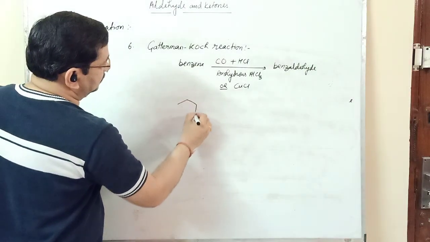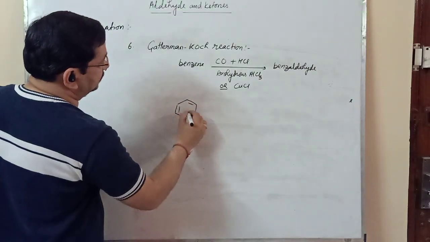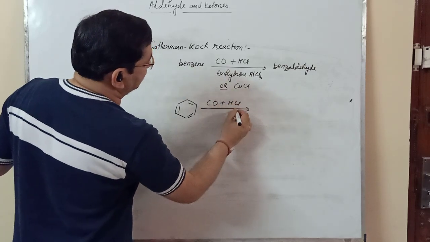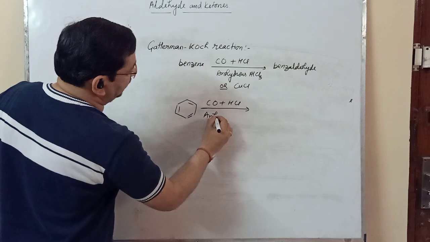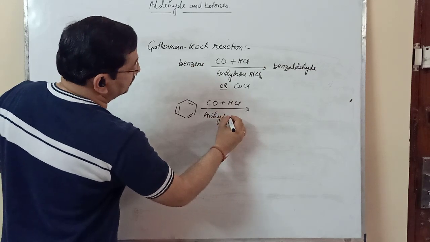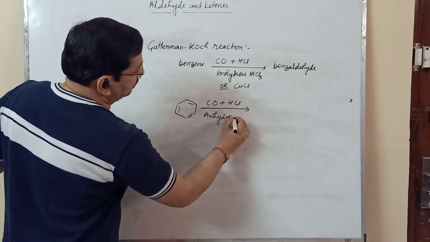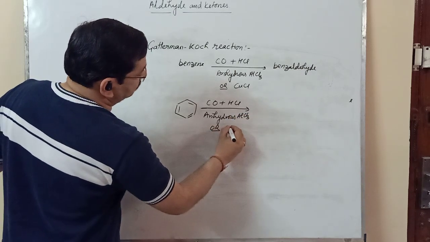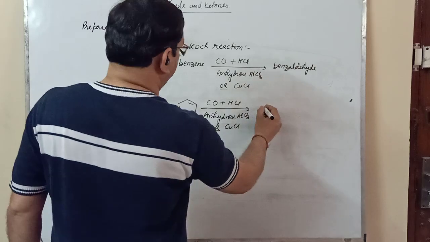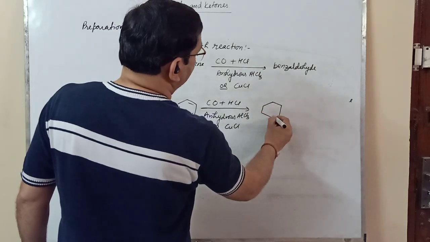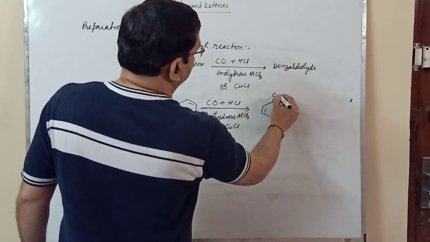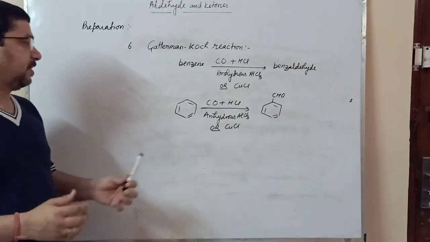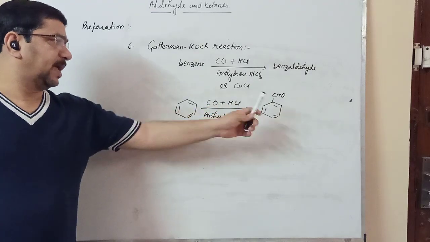So the reaction is: benzene when treated with carbon monoxide and HCl in presence of anhydrous AlCl3 or CuCl, or Cu2Cl2 we can also write, gives benzaldehyde. So in this reaction we are directly converting benzene to benzaldehyde.